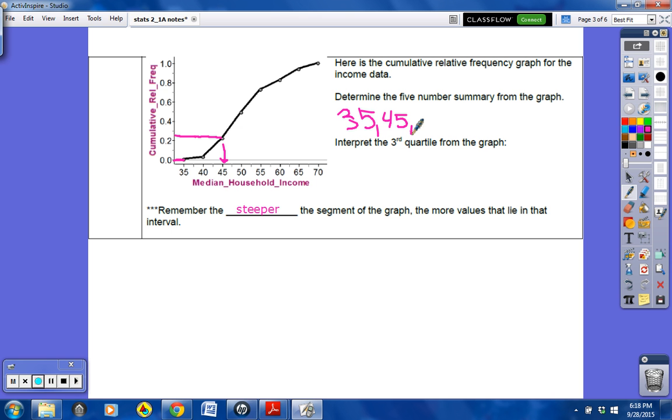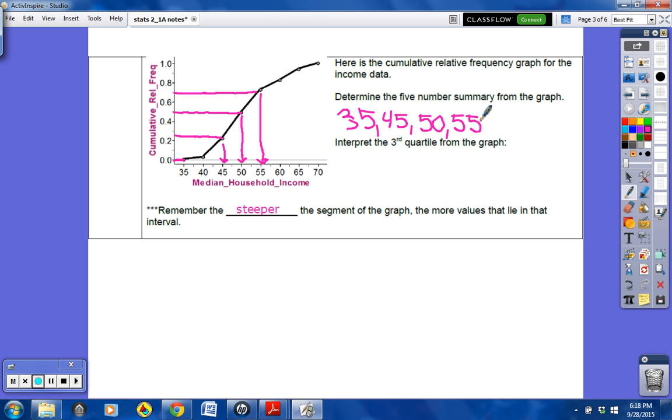And then for my median, I'm looking at 50%. And so at 50%, my value is 50. And then for my third quartile, I'm looking at 75%. So I'm going across, and that value is 55.